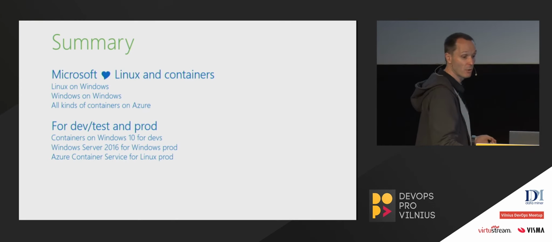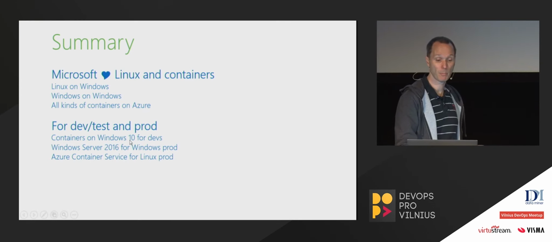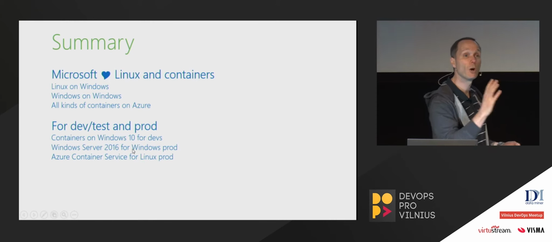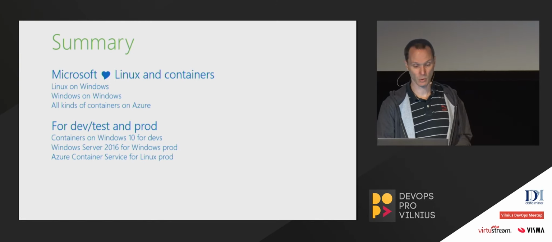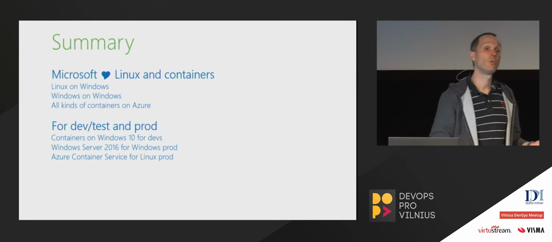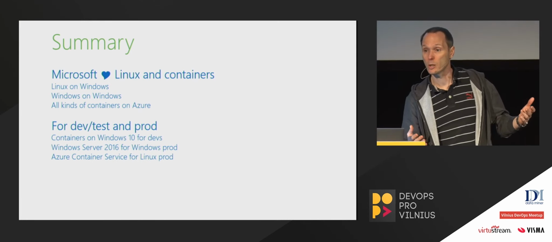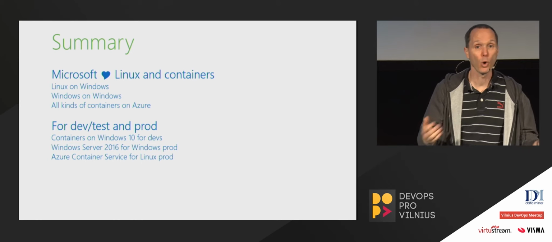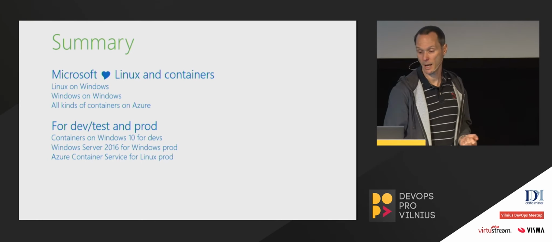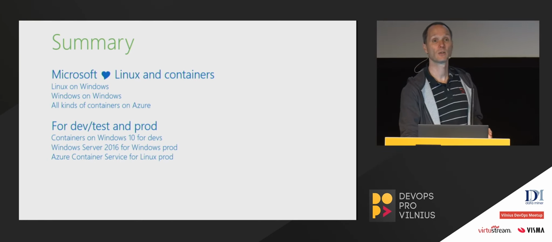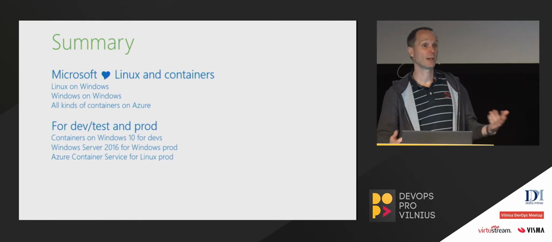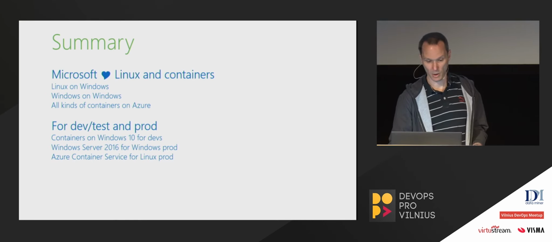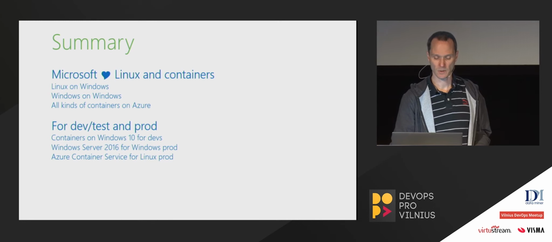You can run your containers on Windows 10 for your development purposes, but if you want to use Windows as your container operating system, you can do so with the Windows Server 2016. And of course, if you want to run larger workloads with swarms or clusters and things like that, you can always go for Azure Container Services and run, for instance, Kubernetes there, and then you have a production scale cluster in the cloud for your Linux-based images.